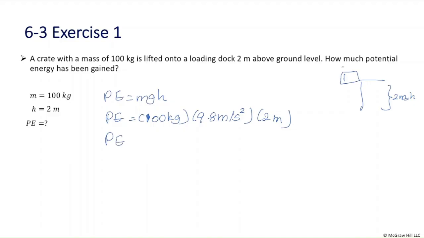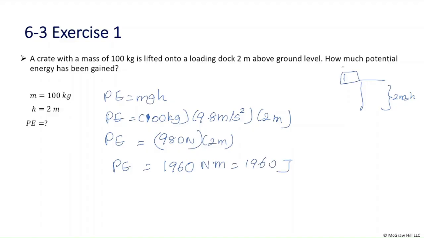Therefore potential energy is 980 newtons times 2 meters, which is 1960 newton meters, or 1960 joules.